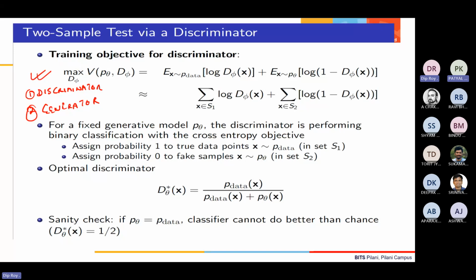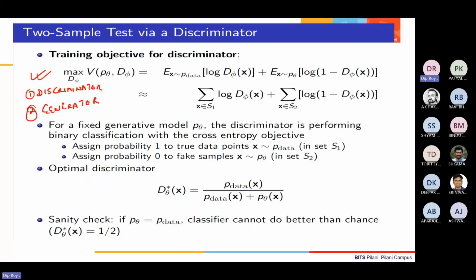But inherently, under the hood, the discriminator is essentially a neural network which is fine-tuning itself to get the optimized phi, and the generator is fine-tuning itself to get the optimized theta.